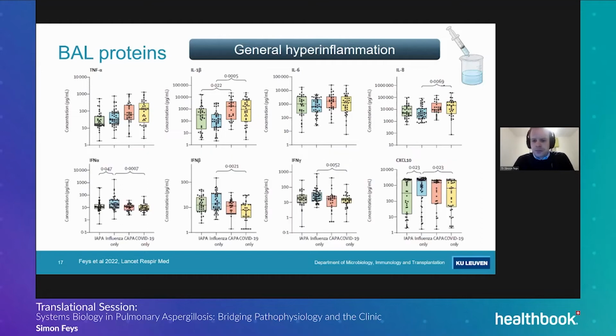When looking at the interferons, we saw significantly lower interferon alpha levels and significantly lower levels of CXCL10, an interferon-stimulated protein, in the IAPA patients compared to the influenza-only patients. But for the rest, we didn't really see differences.